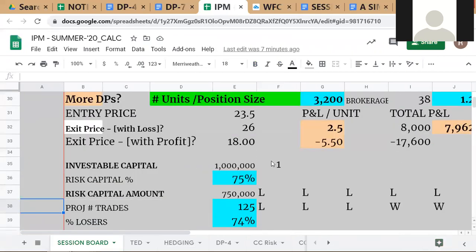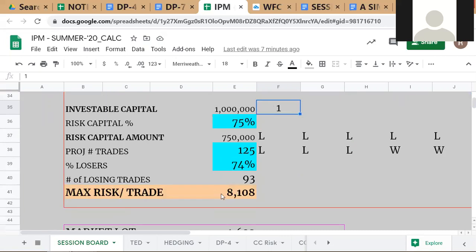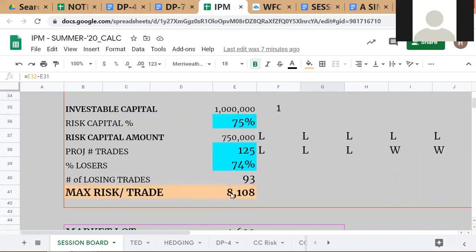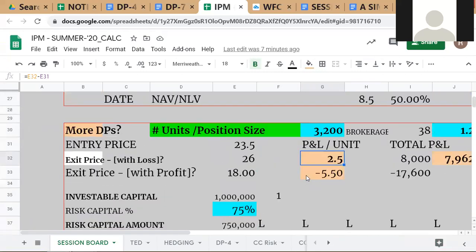Earlier, when we solved this problem of position size, we looked at our figure for maximum risk per trade, and we looked at the projected PNL per unit, and loss per unit specifically. And then we kept on iteratively doing trial and error, figuring out the number of trades where we ensure that our loss is equal to or less than the maximum risk per trade.